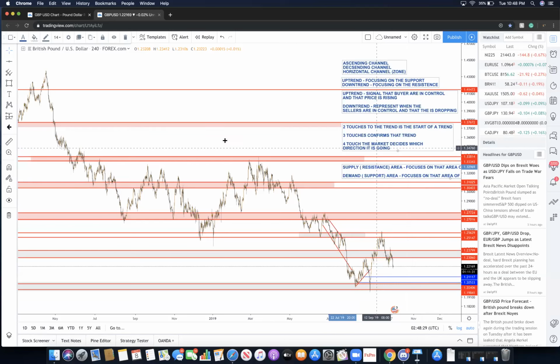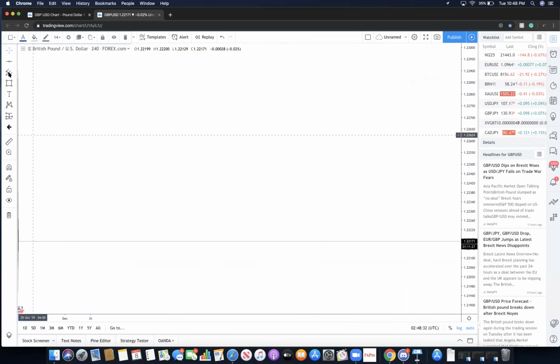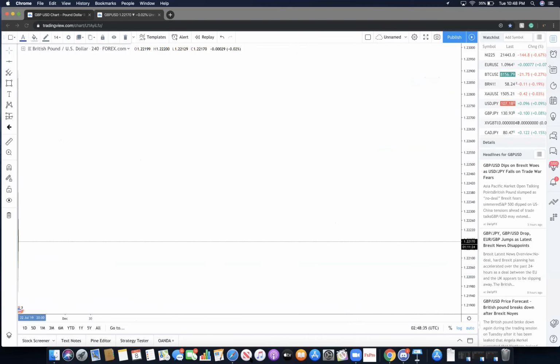And in this case, if it was an uptrend, I'll draw this one out for you guys so you don't get confused. If this was an uptrend and we have the 4 touches, and on the 4th touch the market broke back in, retested, we at least know that as long as there's a resistance identified here, if the market does break above that resistance and retests, there can be continuation to the upside.